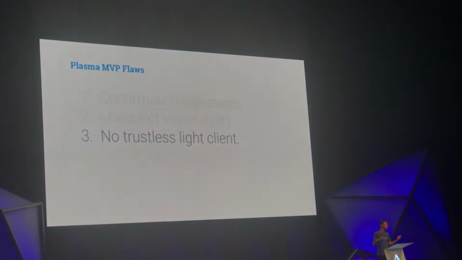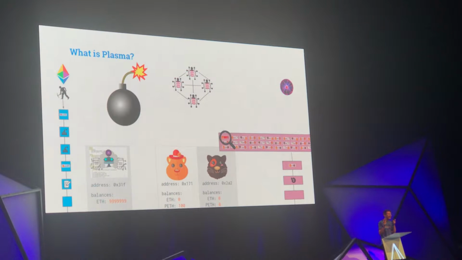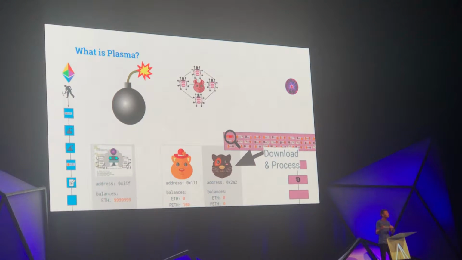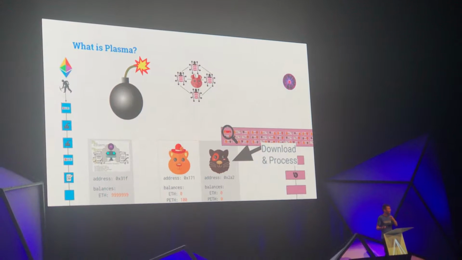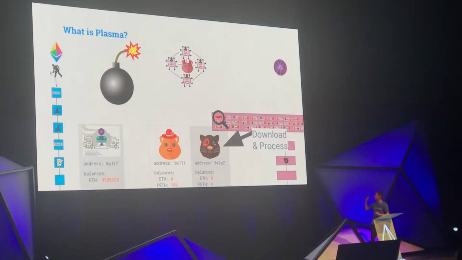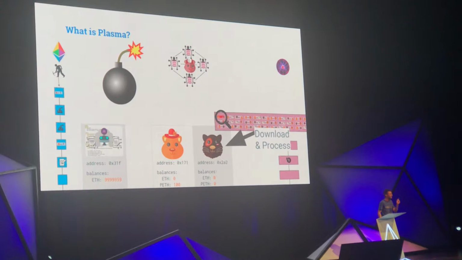So, no trustless light client. This is another important piece. Because this ticking time bomb exists, every user needs to check that there isn't an invalid transaction included in our block, which means they need to download and process every single transaction, looking for that single invalid transaction.